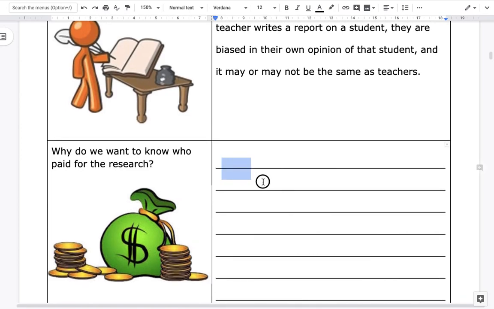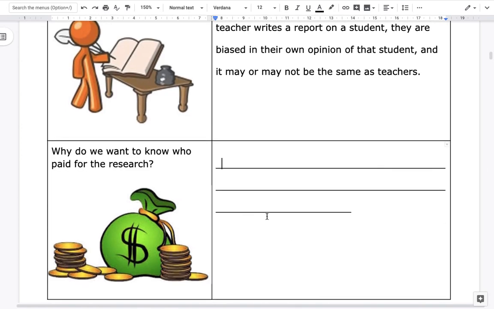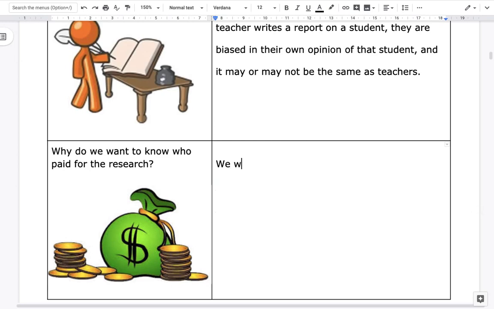Then why do we want to know who's paid for the research? Well, in that same kind of way, we want to know about the bias. So we want to know what bias there might be in the report itself due to who has paid for it.